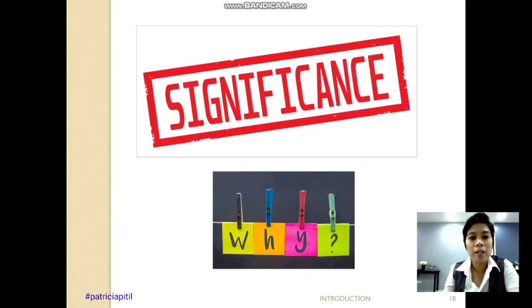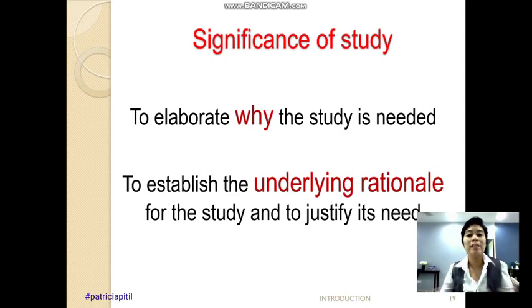Okay, after the hypothesis, now the significance of study, SOS as I would like to call it. Why do you want to conduct such a study? When we outline the significance of study, another subchapter, it is to elaborate why the study is needed and to establish the underlying rationale. You have to justify why you want to study it, because there is a problem.